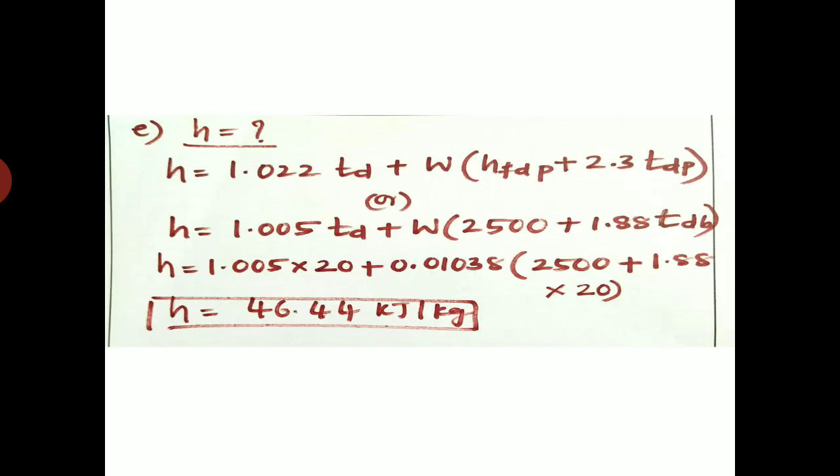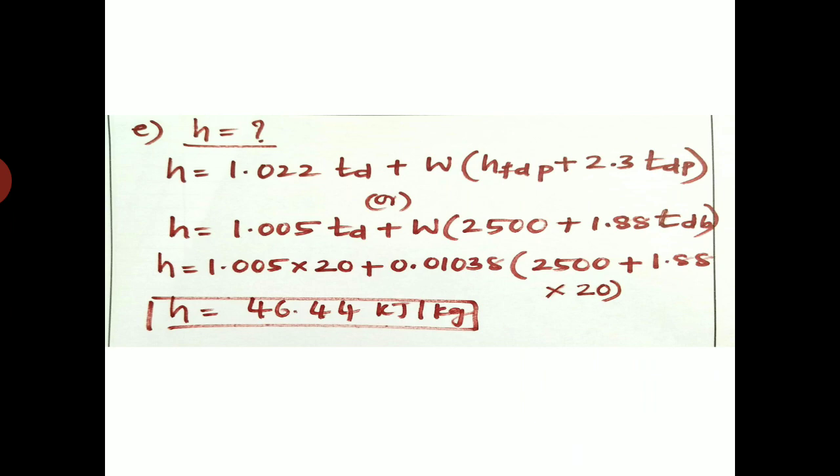The fifth bit, we need to remember this equation, that is enthalpy of mixture. There is no particular derivation for this. Therefore, H is equal to 1.022 T_D, T_D indicates dry bulb temperature, plus W, specific humidity, into h_g at dew point, which is called latent heat of vaporization, plus 2.3 dew point temperature.